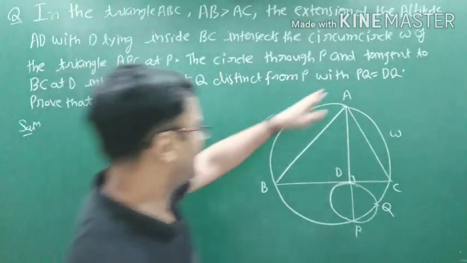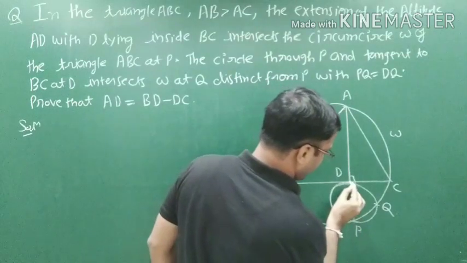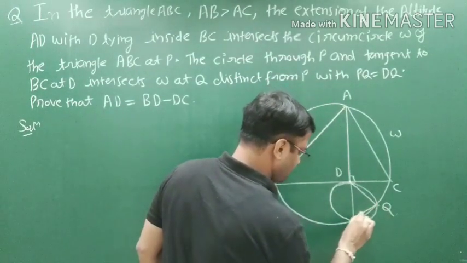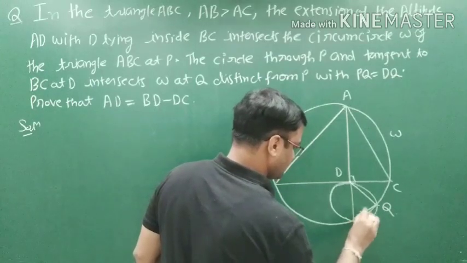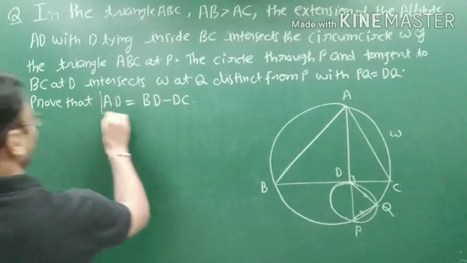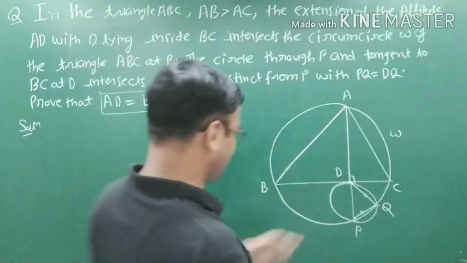We are given that PQ equals DQ. DQ and PQ are equal, and we have to show this result. My first observation is for the second circle.